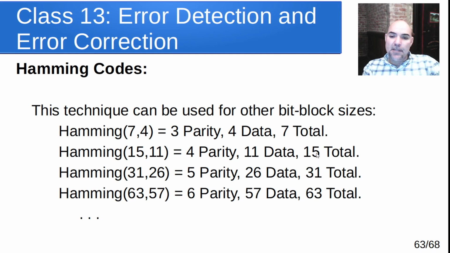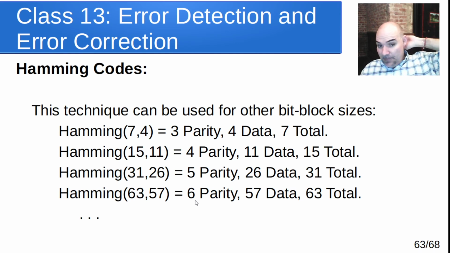And you'll notice these always come out to be the total number of bits is 1 less than a power of 2, which is useful. Because a 64-bit block, you could have 63 total bits, 57 of them would be data, 6 would be parity. And you could extend that on to 7 parity bits or 8 parity bits as necessary.